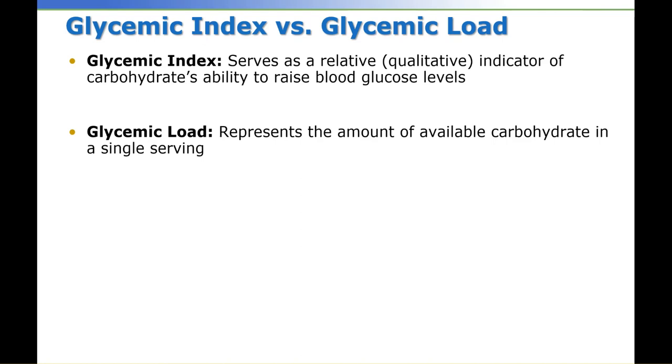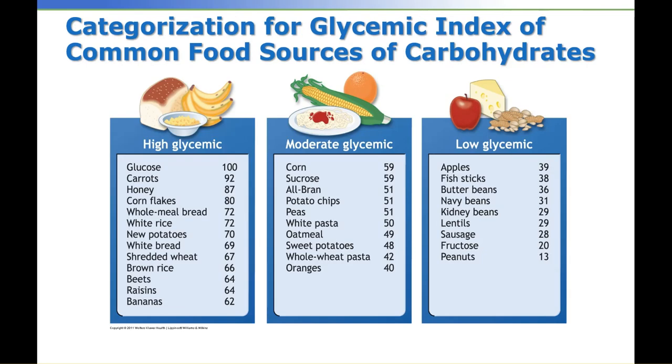We have glycemic index, which serves as a relative qualitative indicator of carbohydrates' ability to raise blood sugar levels. So glycemic index and then glycemic load represents the amount of available carbs in a single serving. If we talk about the glycemic index, we have certain foods.